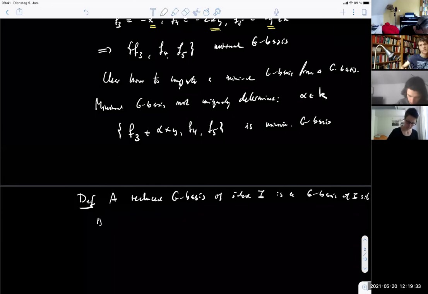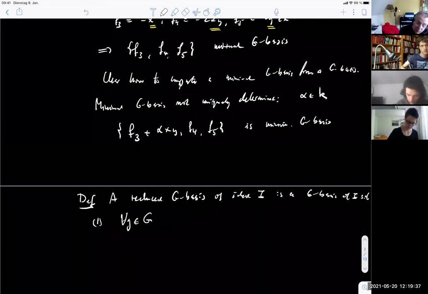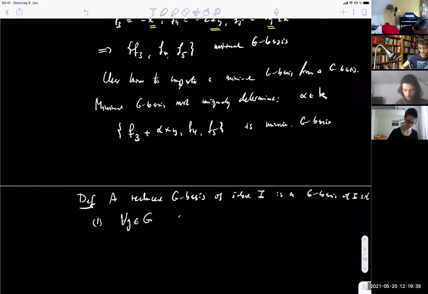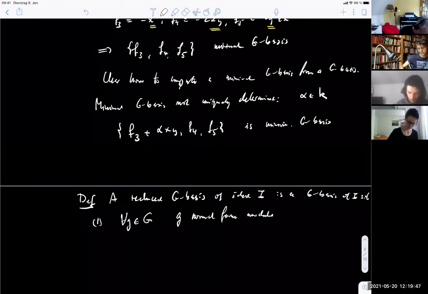okay, this is the interesting condition. Take any polynomial g in G, and then I want that g is a normal form modulo the remaining elements. So if I remove small g from the set, I cannot reduce the element g further modulo the other elements.